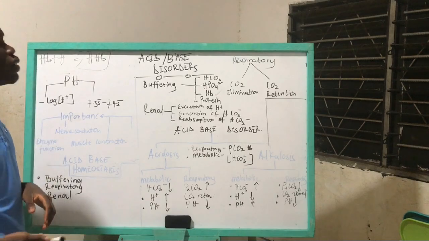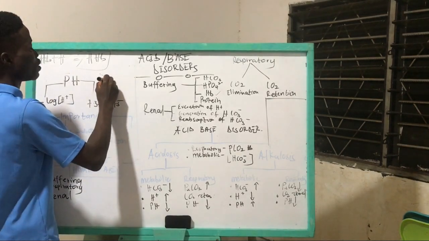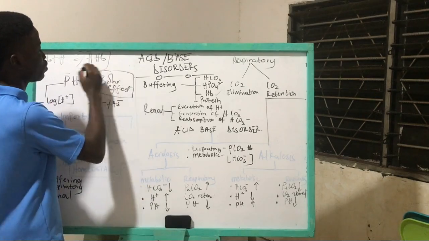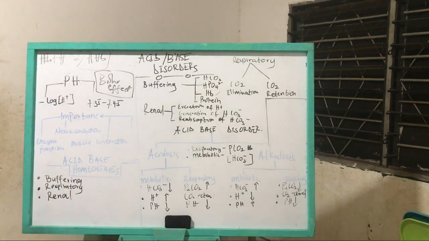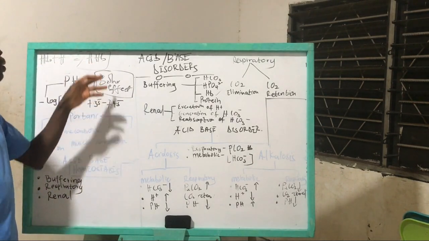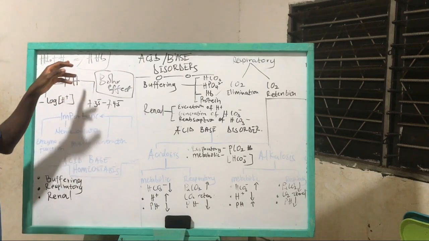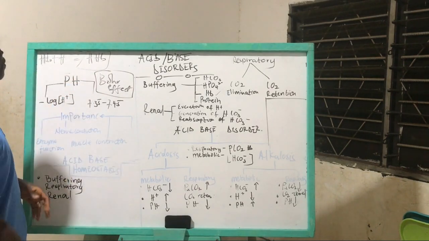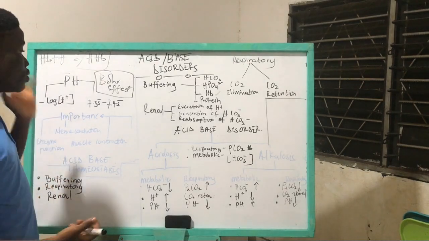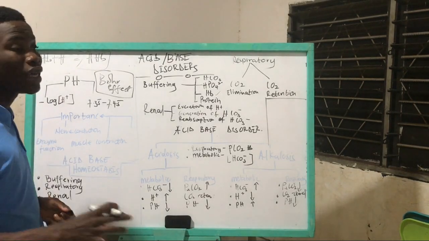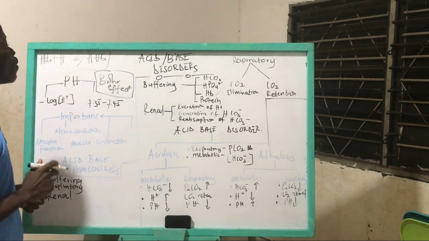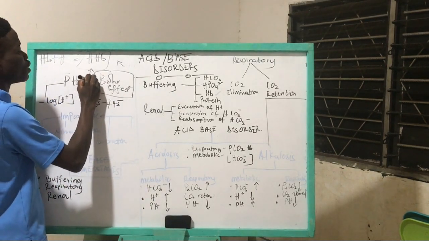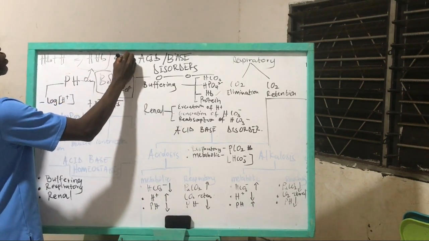Okay. And then moreover, there is something we call the Bohr effect. When the hemoglobin that has the hydrogen ion binding to it is found circulating within the bloodstream, it gives the hemoglobin a high affinity for oxygen, and it allows more oxygen to be attracted to this one.